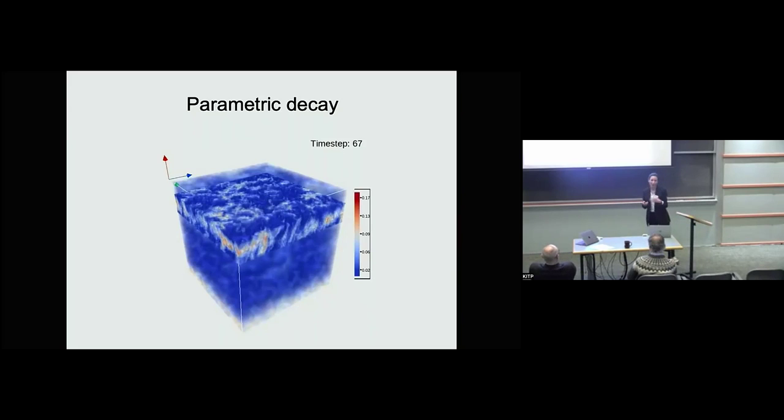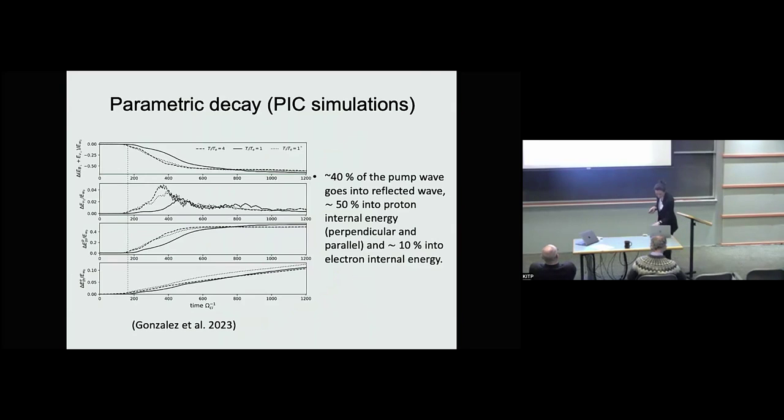Now in a collisionless plasma, the story is different. And so what we wanted to do is to investigate in more detail how the heating process takes place through this parametric decay when you are in a kinetic model. And so we've done PIC simulations to investigate energy partition.